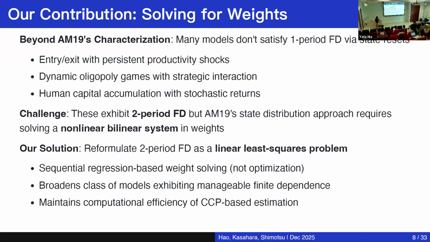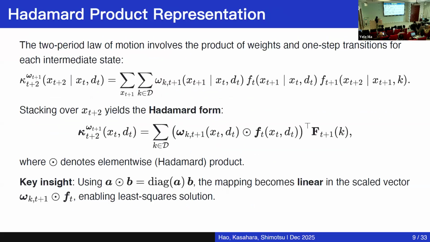And we write the T+2 period conditional distribution of the states as this convolution summation of the transition probability and the weight choice. And notice that for this weight choice, as long as they sum up to 1, that's fine. They can take negative values.